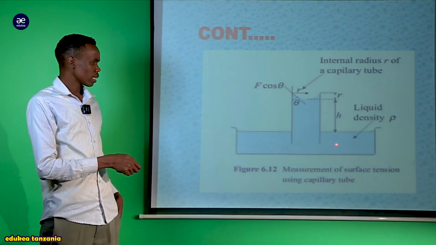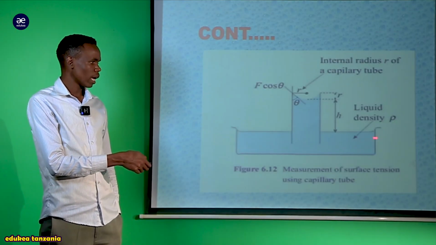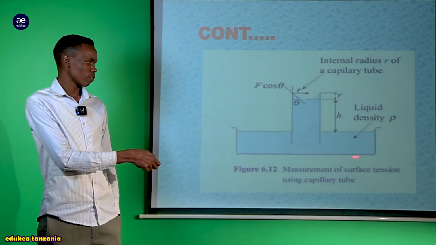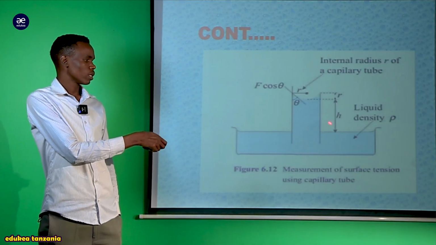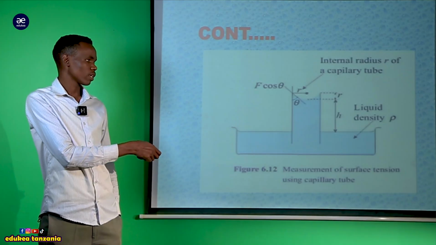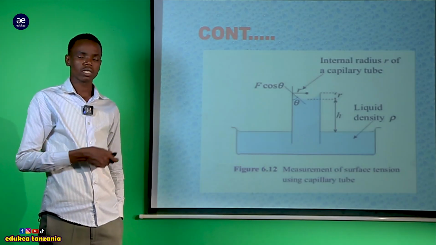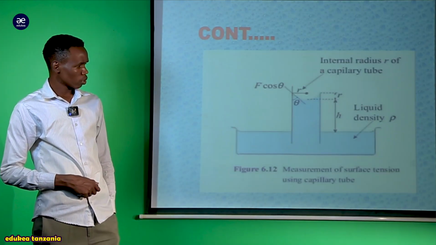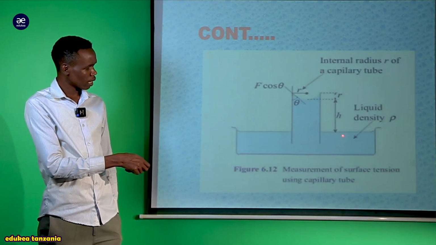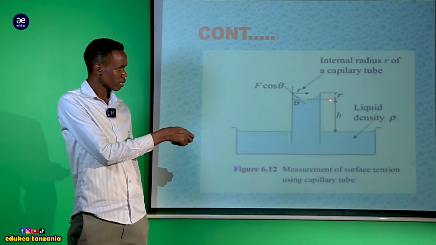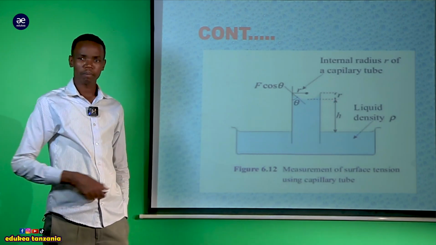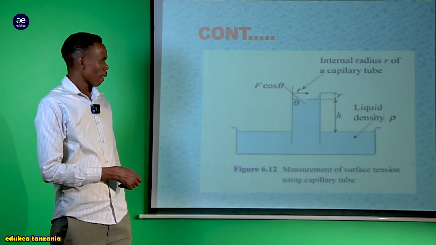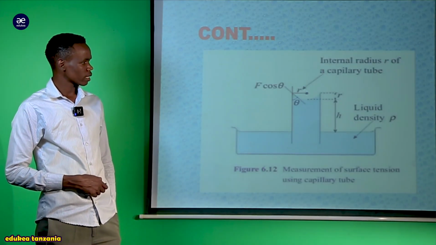Now, inside this narrow tube, we have the liquid, and the liquid rises to a certain height as we see here. From this narrow tube up to a certain point represents the height of the liquid in the tube.